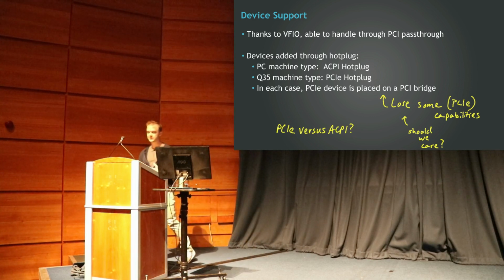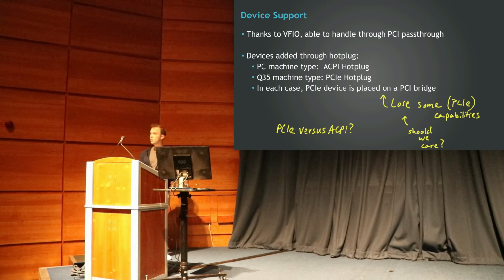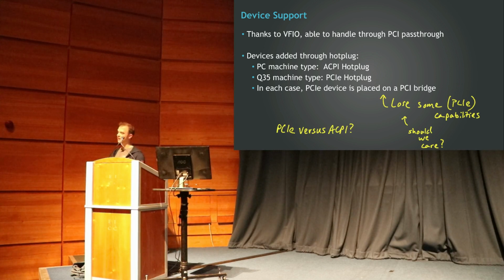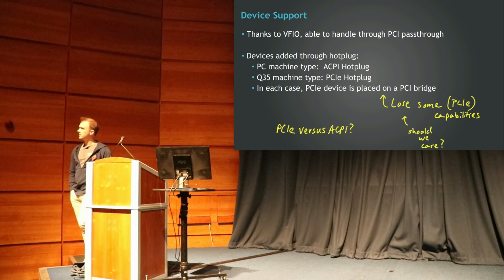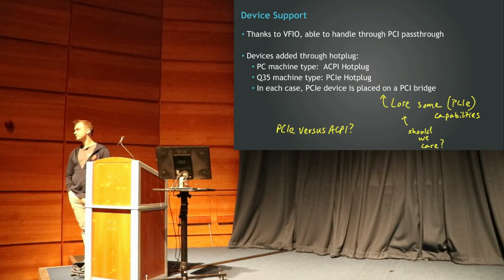So what I'm wondering is, does anybody care about those lost capabilities in our situation? I'm not really sure how important it is, like some of the error stuff. Yeah? You should talk to Alex Williamson. There is a long story now about PCI link speeds and everything around this area. In general, it's not recommended to put a PCI Express device on the PCI bus, because then the guest OS thinks it is a PCI device. Yeah, because QEMU hides all the PCI. Exactly.